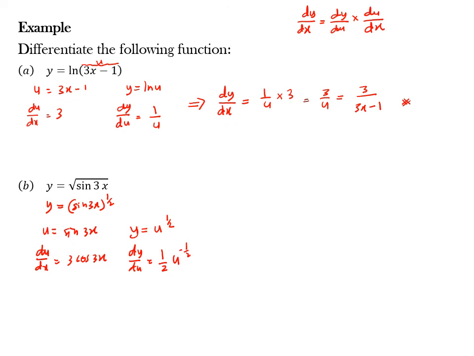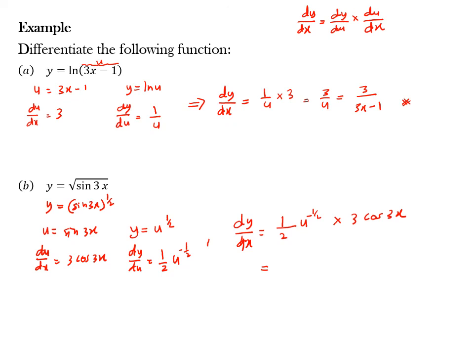Now dy over dx is equal to dy over du, 1 over 2 u power negative 1 over 2, multiplied by du over dx. Now you simplify it. You substitute back sine 3x equal to u.